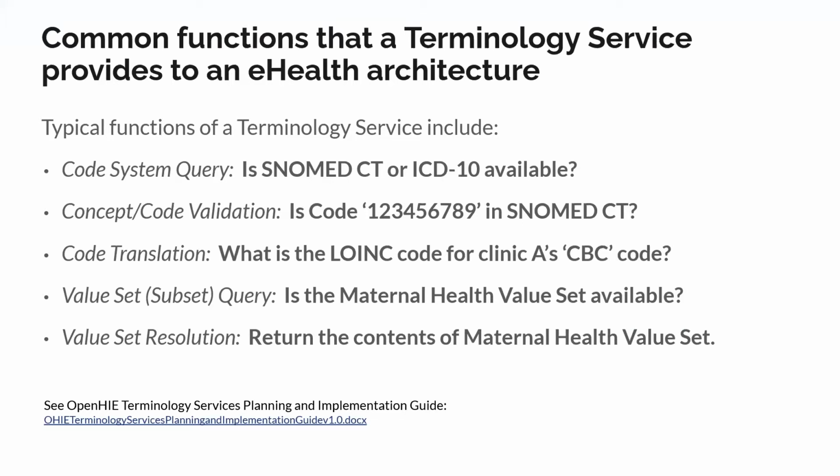It could be a laboratory system, and you might have to be able to ask the architecture what code systems are available. Do you have SNOMED CT, ICD-10, and then you have a specific code you want to say. So of those code systems that are available, is this specific code 1234? Is that present? Is it valid? Is it part of that code system?